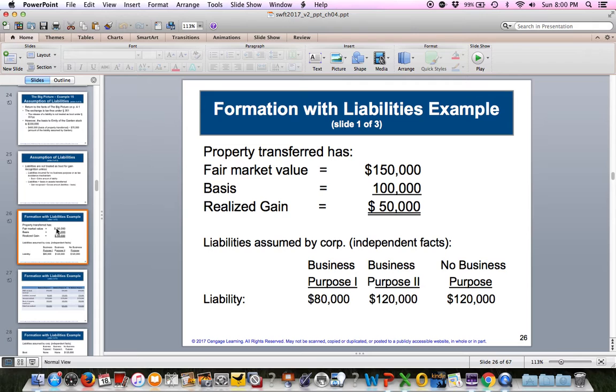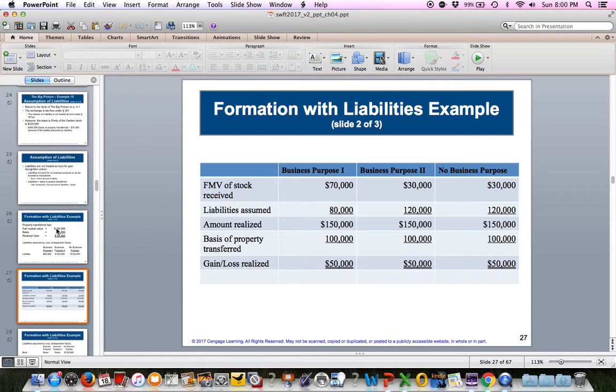So, example of formation with liabilities here. We're going back to property transferred with a fair market value of 150, the basis of 100, with a gain of 50, then liabilities assumed by the corporation: business purpose 1, business purpose 2, and then no business purpose at all. So we've got the 80,000, 120, or 120. And so here are the three possible scenarios.